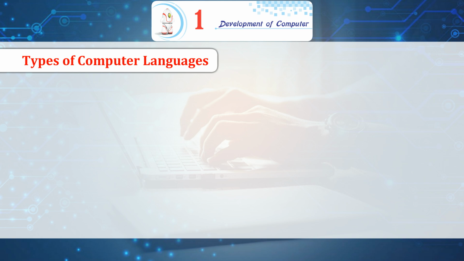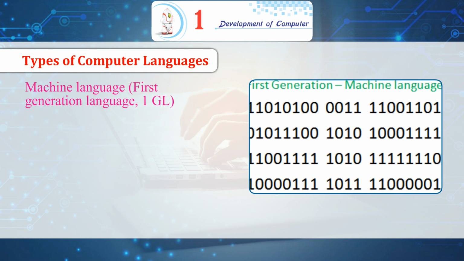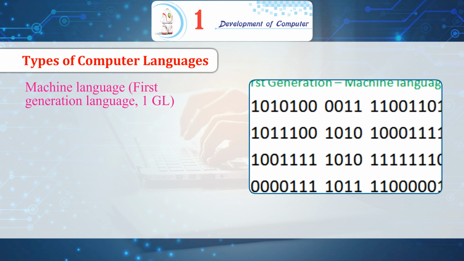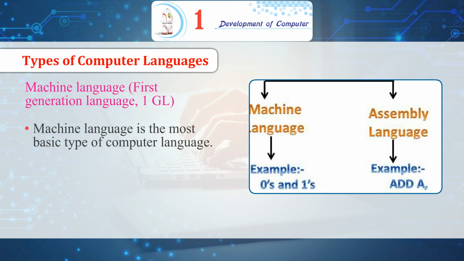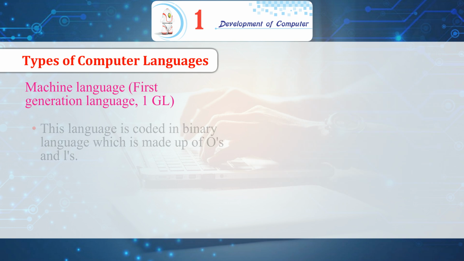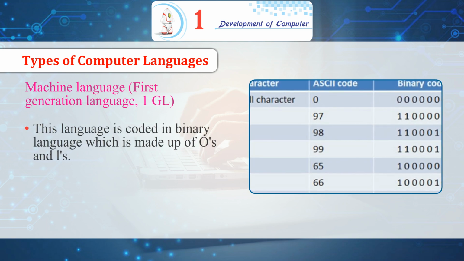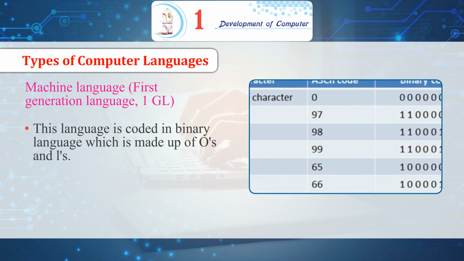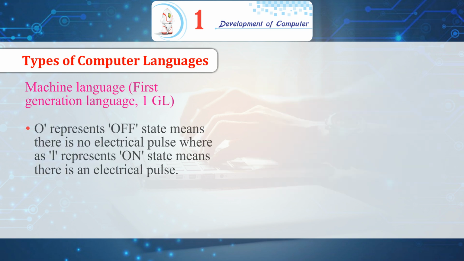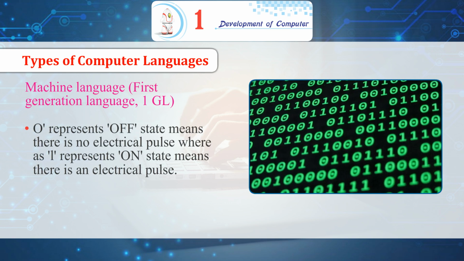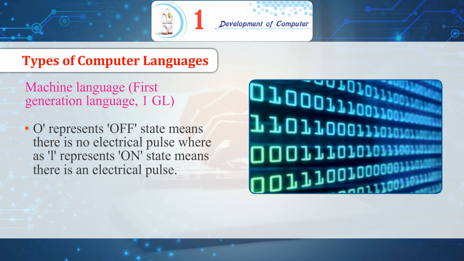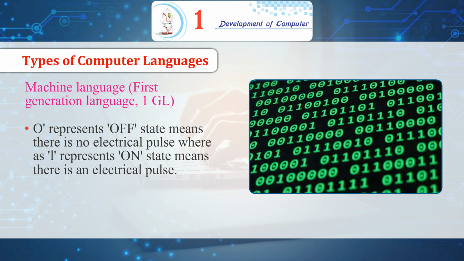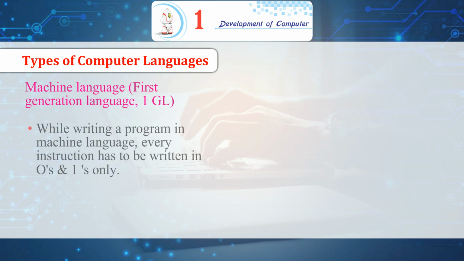Types of computer languages. Machine language, first generation language, 1GL. Machine language is the most basic type of computer language. This language is coded in binary language which is made up of zeros and ones. 0 represents off state, means there is no electrical pulse, whereas 1 represents on state, means there is an electrical pulse.